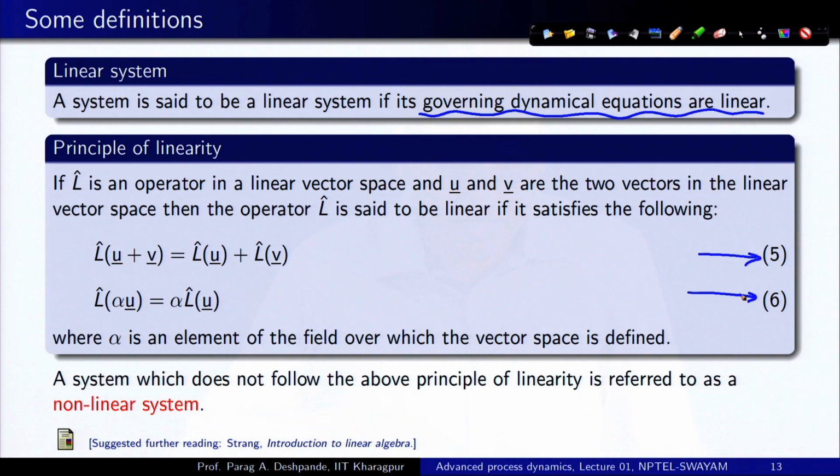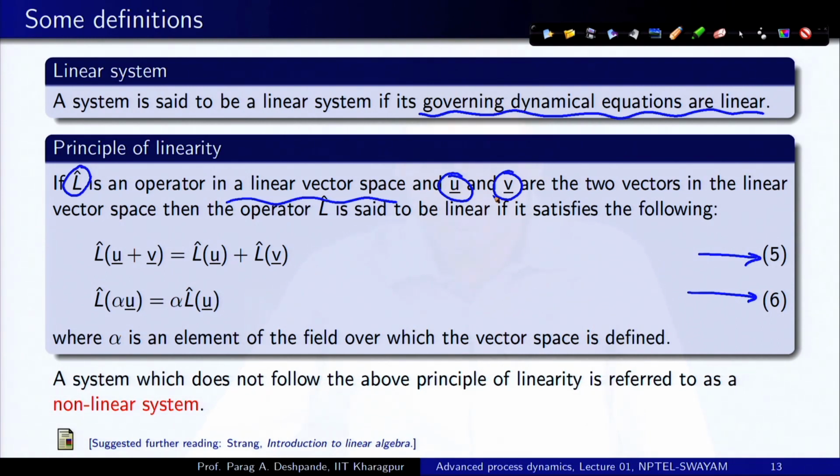Let us imagine that I have identified L hat as the operator. We will very quickly see how I identify the operator, but at this point let us say that I have identified an operator, and that operator lies in a linear vector space whose two elements u under bar and v under bar are known to me. L hat is defined in that linear vector space.